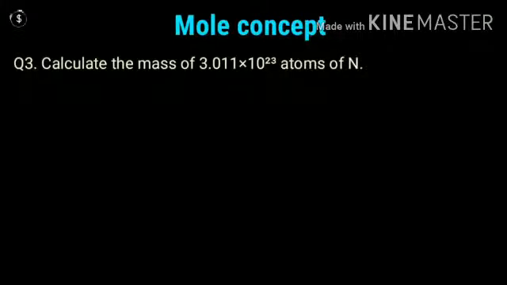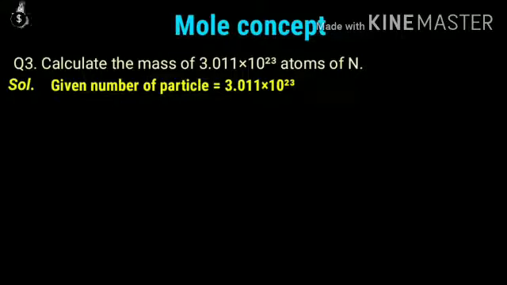Now the next numerical is: calculate the mass of 3.011 into 10 raised to the power 23 atoms of N, that means nitrogen. The given number of particles here is 3.011 into 10 raised to the power 23, and you have to calculate the mass. As the number of particles is given and the mass is to be calculated, there should be a relation between mass and particles, so you have to use a formula which gives that relation.